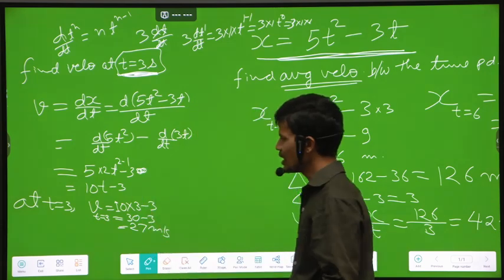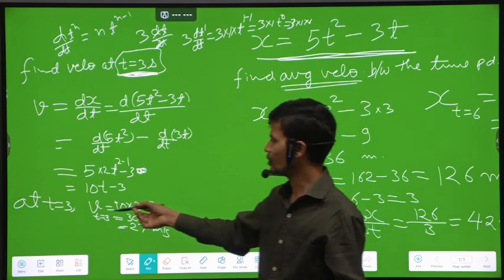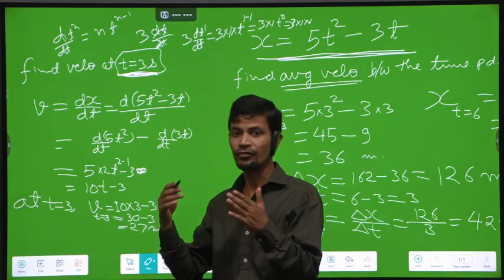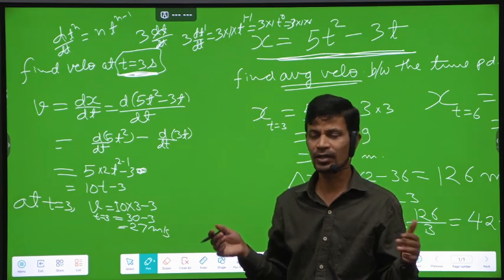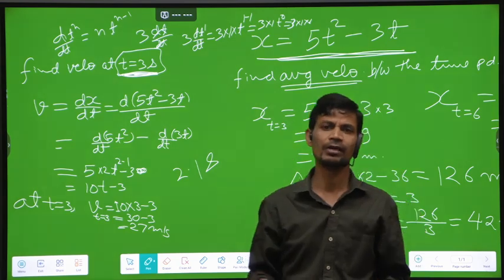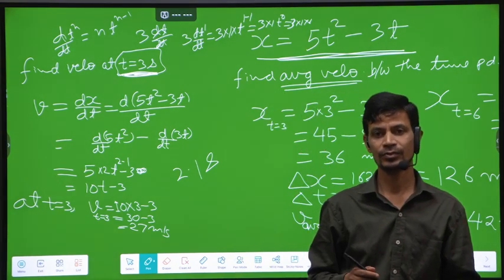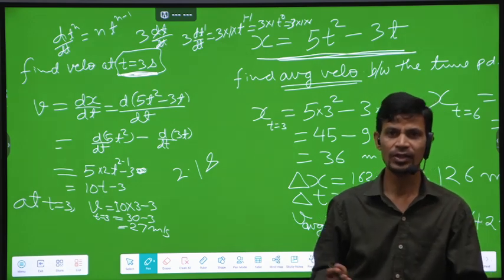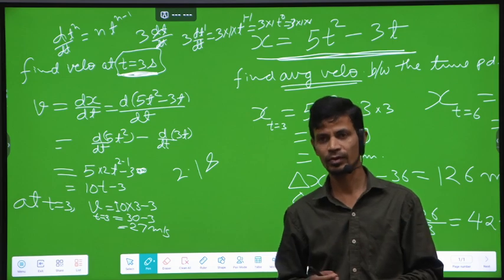The same thing you can also do for other time instants, for 4th second, for 5th second, for 6th second, or any time. In fact, at 2.1 second, or whatever time instant you choose, that will be much more accurate. So that's all in this video. In the next video we'll do some more problem based questions.